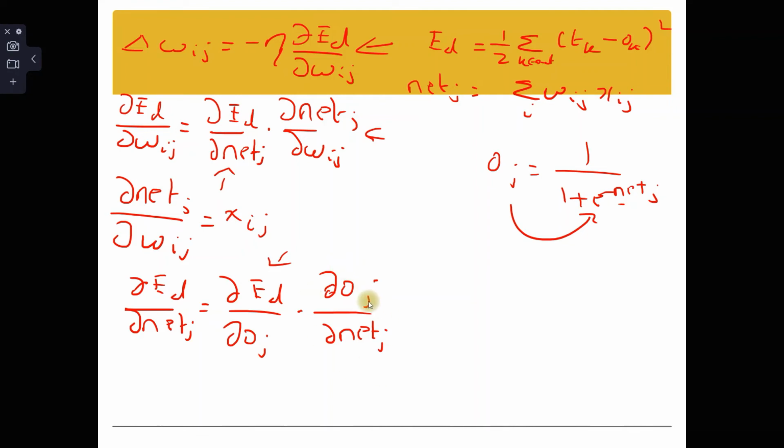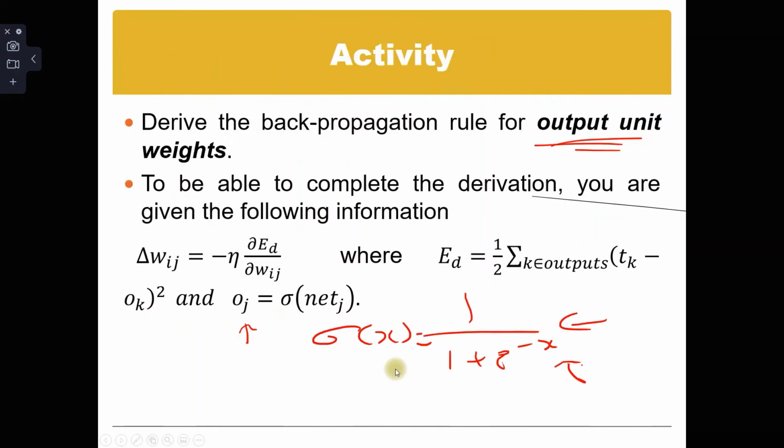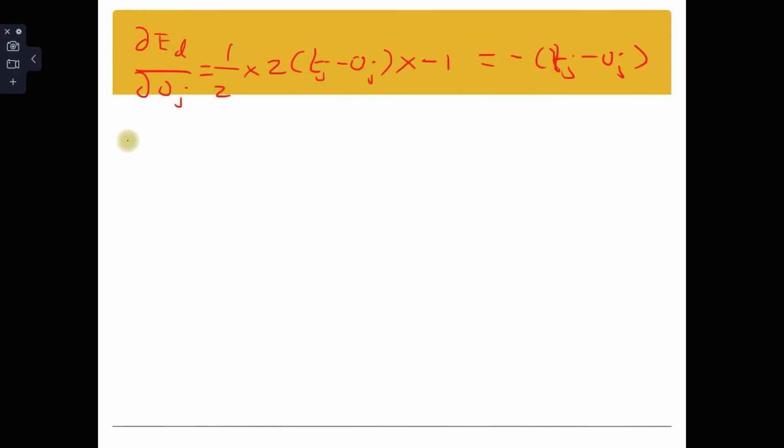Before we get into that, let me quickly rewrite this down here, just for information; you may wish to look at this in a different way. It is 1 plus e power negative net j, to the power of negative 1 as well. So now we want to differentiate that: del oj by del net j.